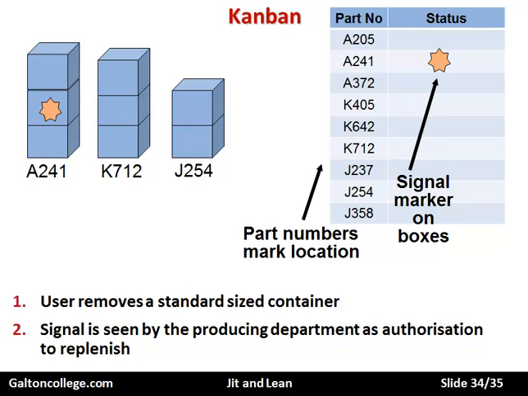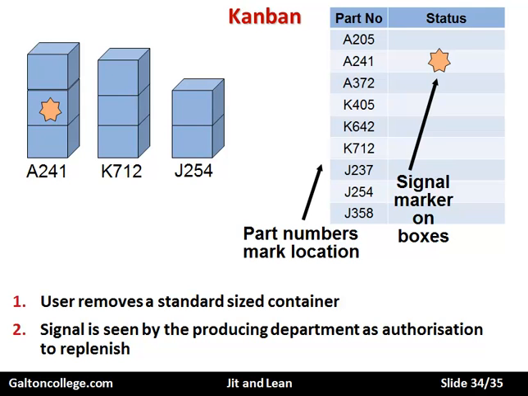So let's say, for example, someone takes away box A241 and uses the various components in there, uses the various parts in the box. When it's traveled around the various parts it must go to, which are indicated on its Kanban card, so it can't get lost. So at the end there'll be nothing in the box, everything's been used up.